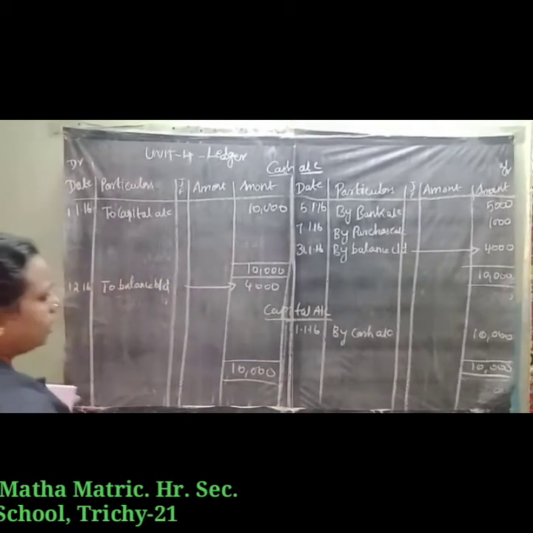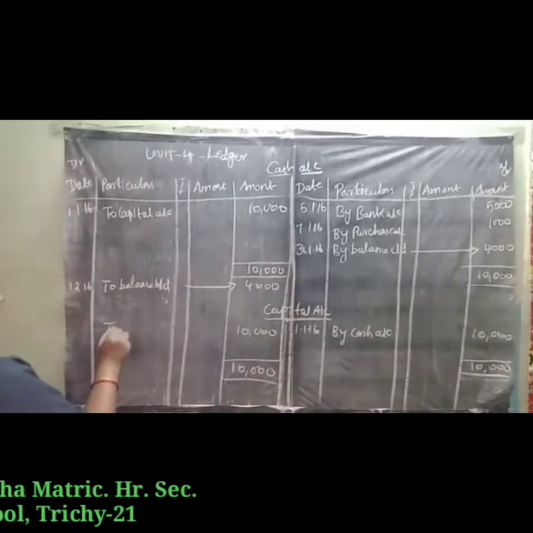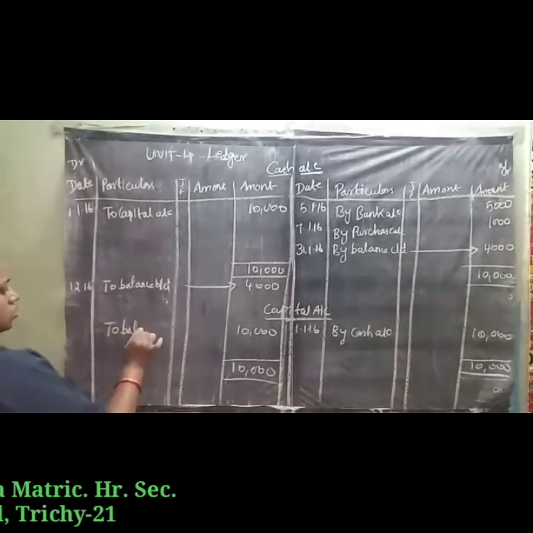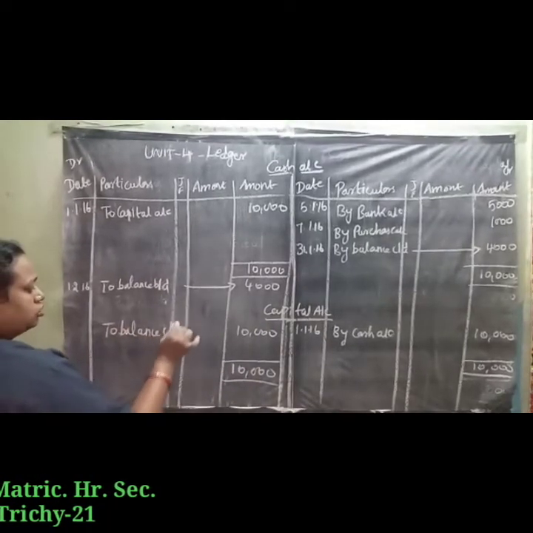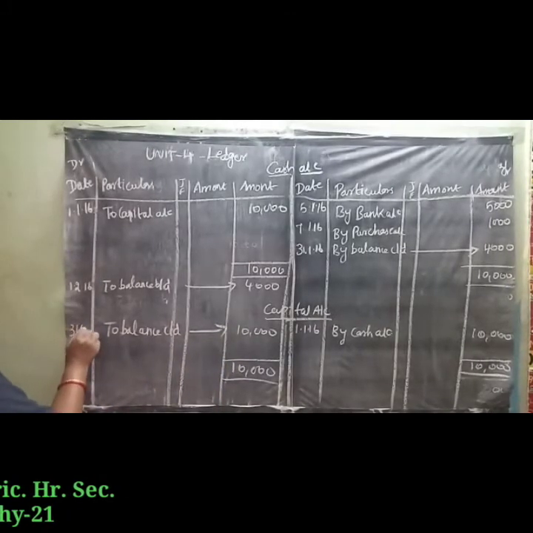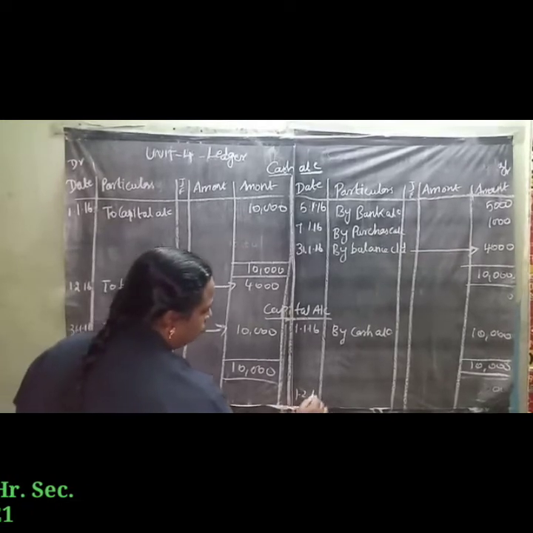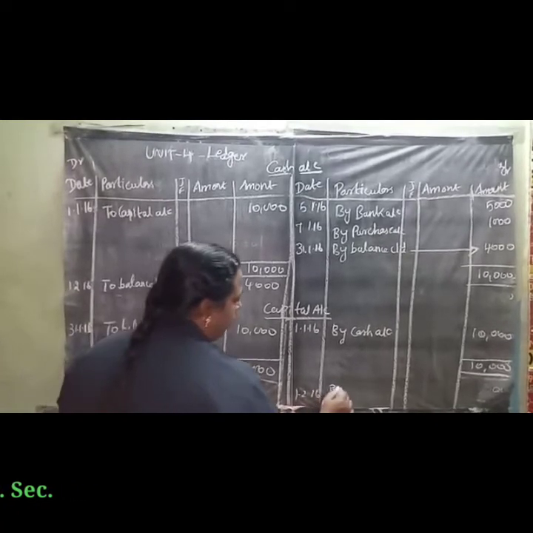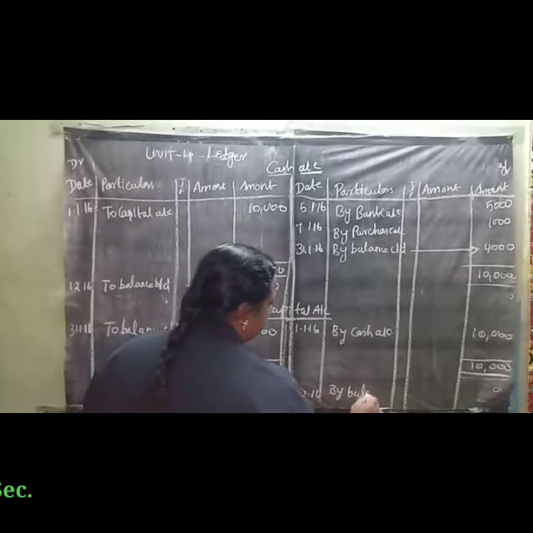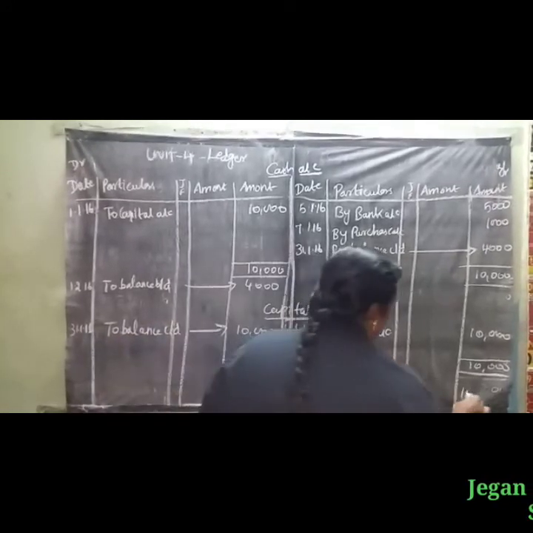There is no balance here, so we carry down: to balance c/d, 31/1/2016. Bring it to the next month: 1/2/2016, by balance brought down 10,000.